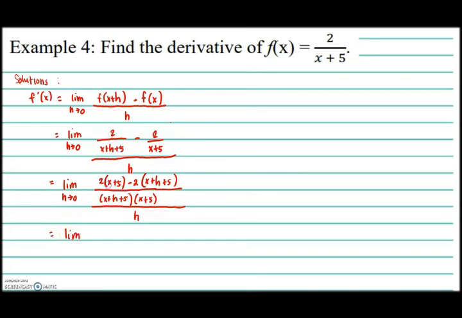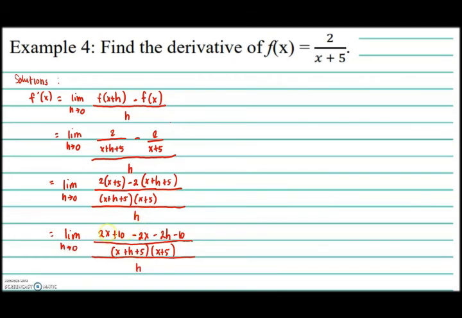We have the limit of 2x plus 10 minus 2x minus 2h minus 10, all over (x + h + 5) times (x + 5), over h as h approaches 0.